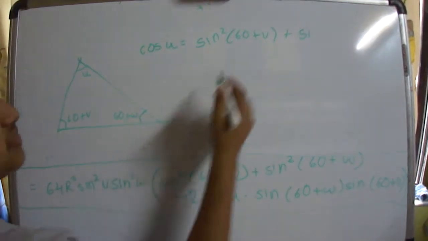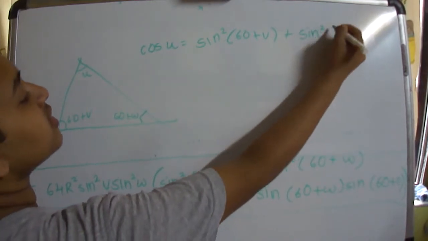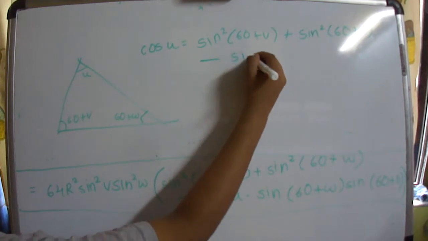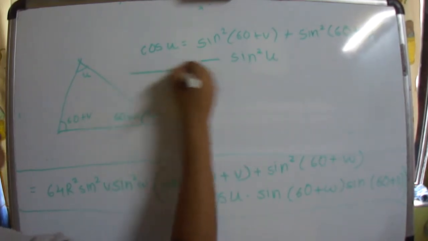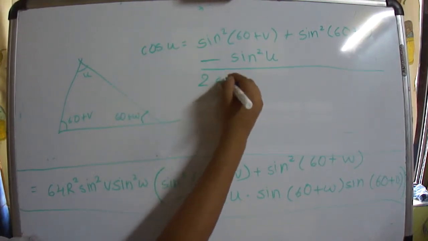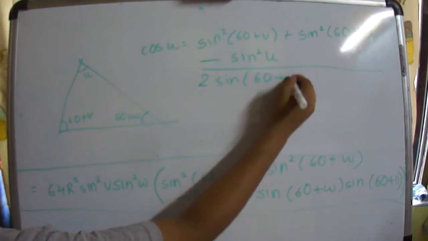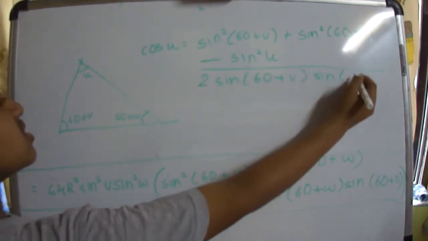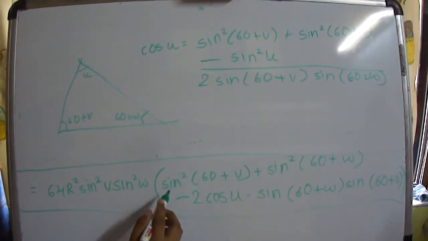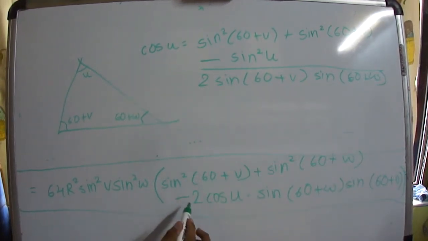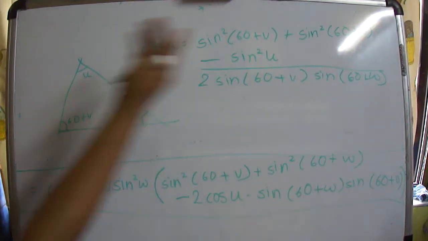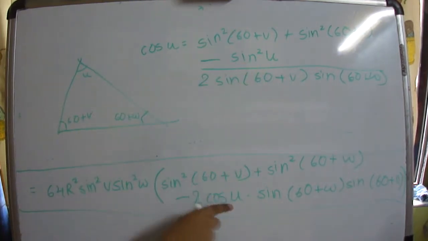We will apply the cosine rule with angles in this triangle. Thus we get cos U equal to sine square 60 plus V plus sine square 60 plus W minus sine square U by 2 sine 60 plus V sine 60 plus W. Therefore, we can easily say that this expression is sine square U. Just see, we can send this here, take sine U that side and bring this here, we'll get the same thing.